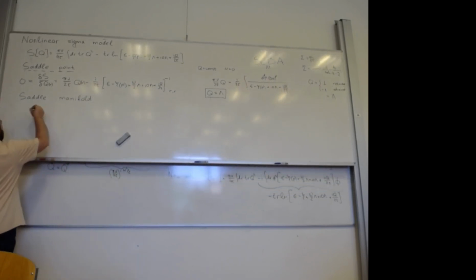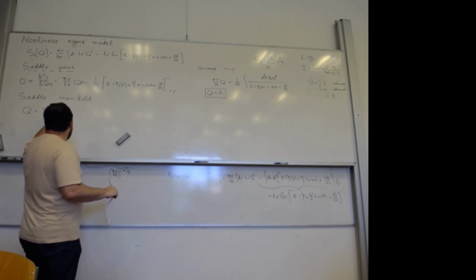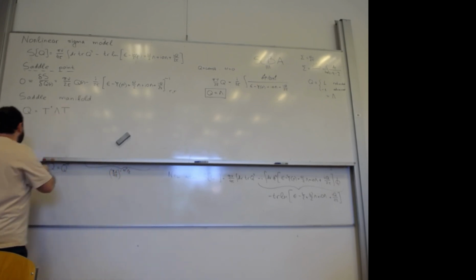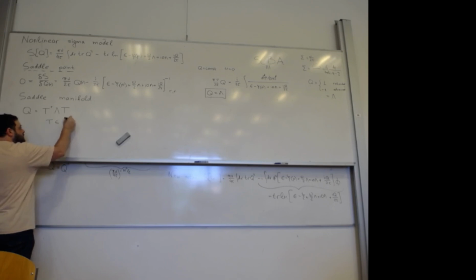The saddle manifold is when you take your matrix Q, which equals lambda, and multiply it with some matrix T on the right and T dagger from the left. It turns out that if this T is a unitary matrix of the size 2n, it's U of 2n.